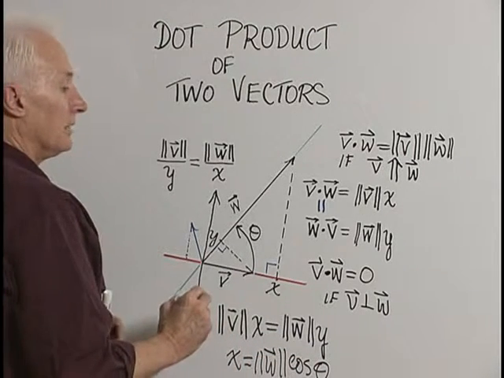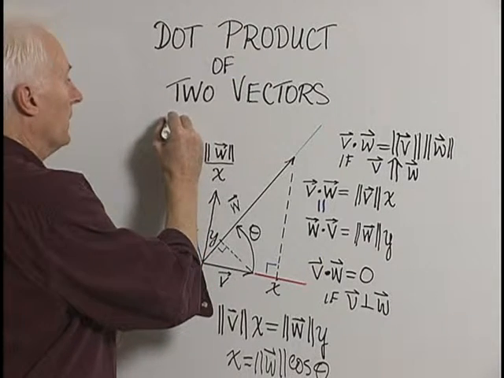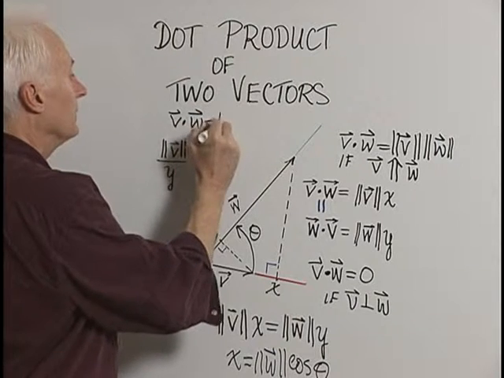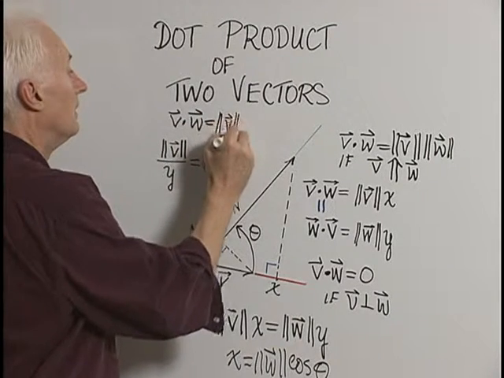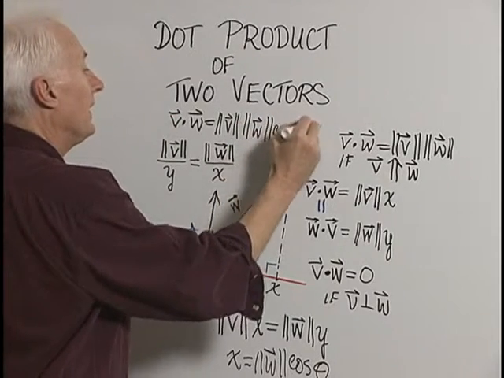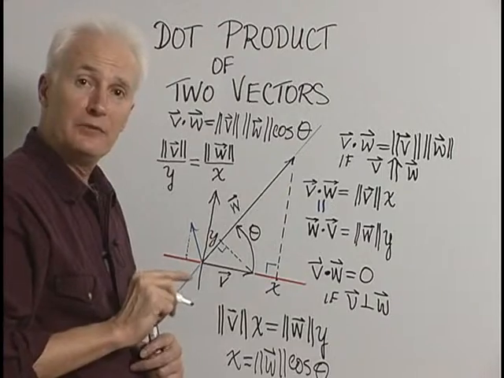And so that gives a general formula for the dot product, which I'll write up here. V dot W equals length V, length W, cosine theta, where theta is the angle between the two vectors.